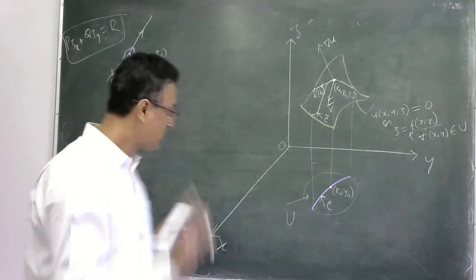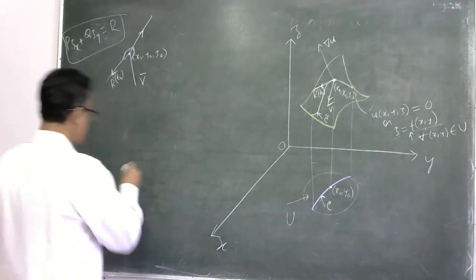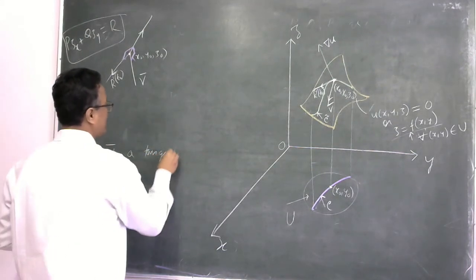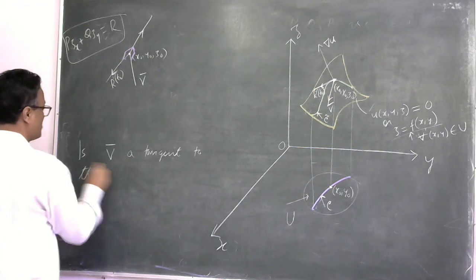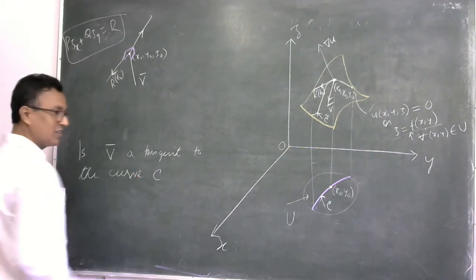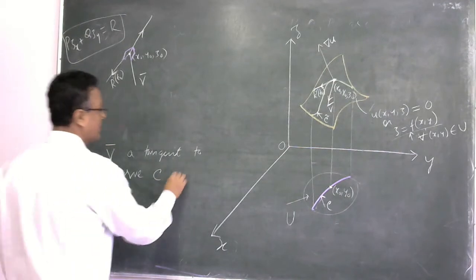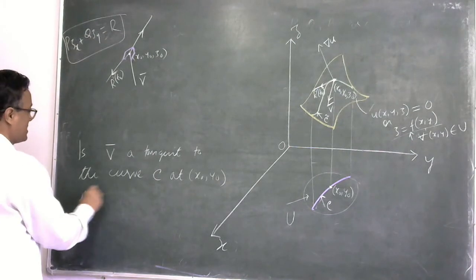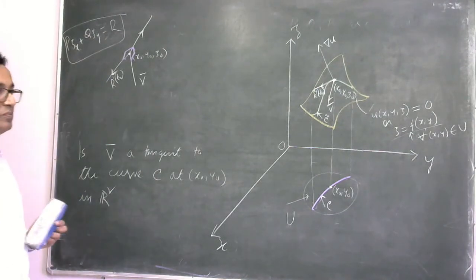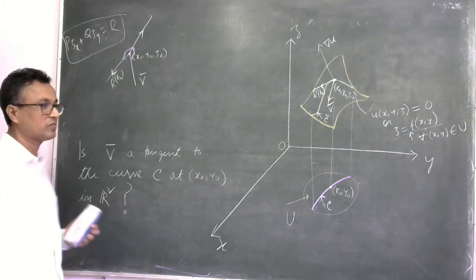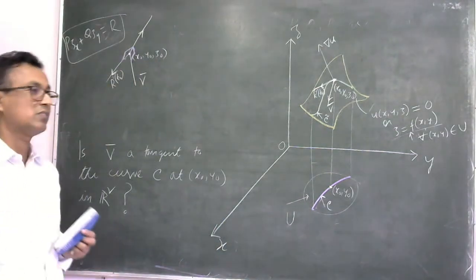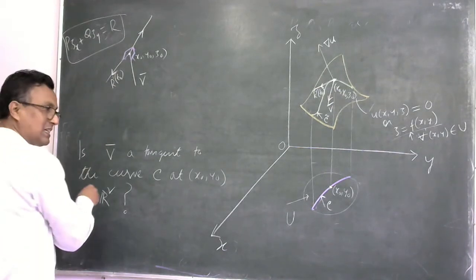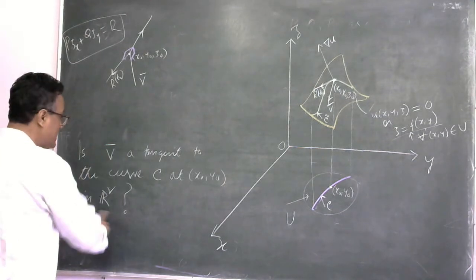My question is, is V a tangent to the curve C at x naught y naught in R2? This is my question. You think about what is going to happen to V if this happens.